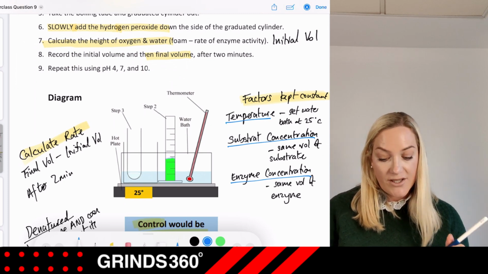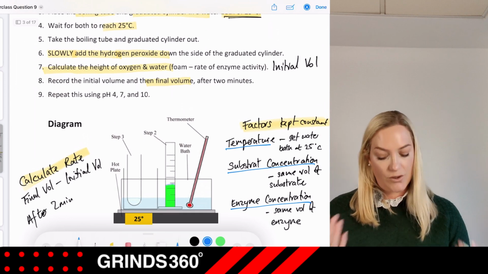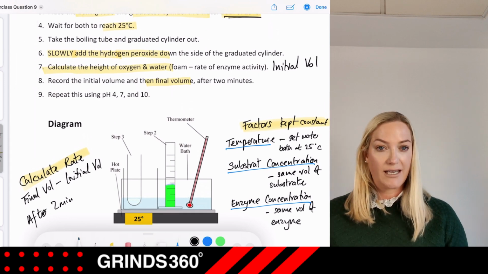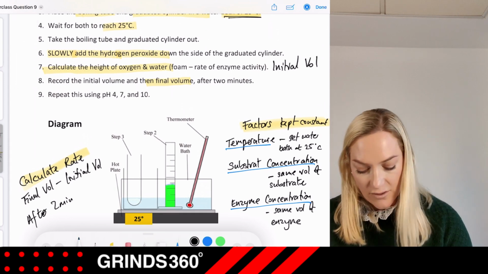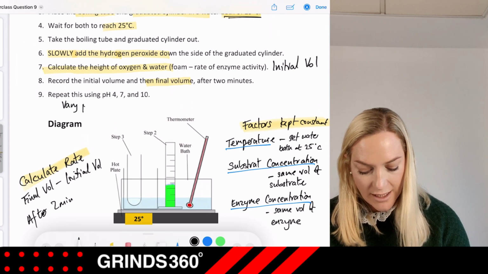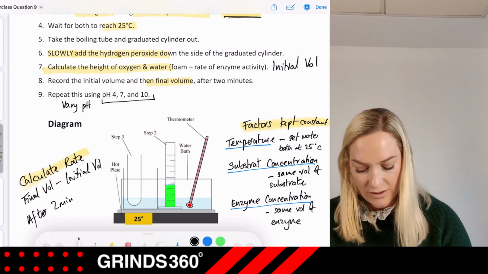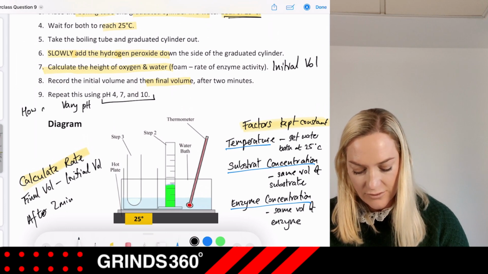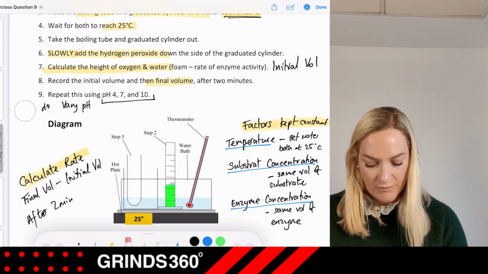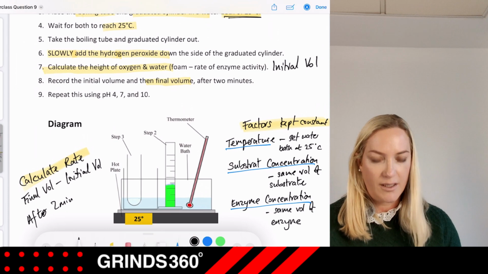Okay, a question they may ask is, how would you vary the pH? Vary the pH by using different pH buffers.